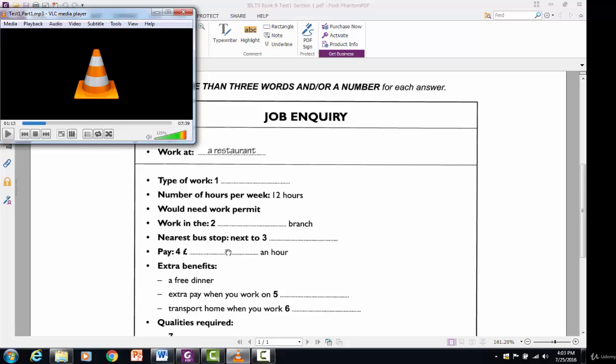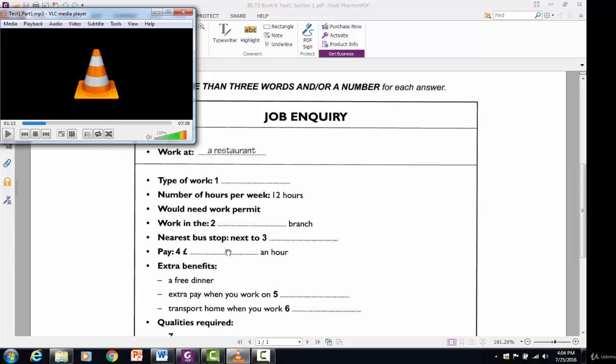Here's where they love to use the "used to" trap. Like it used to be $10, but now it's $12. Right? So the answer will be 12. So it's important that you're able to recognize when these traps are being used on you so that you can avoid them and be able to go through it.